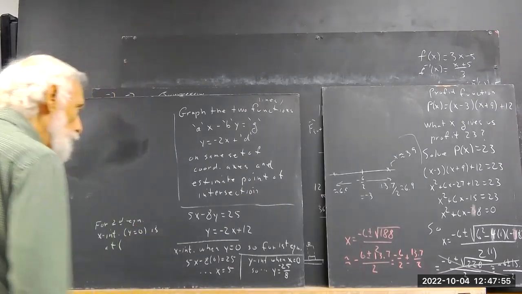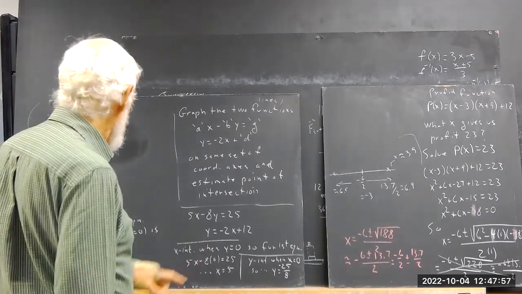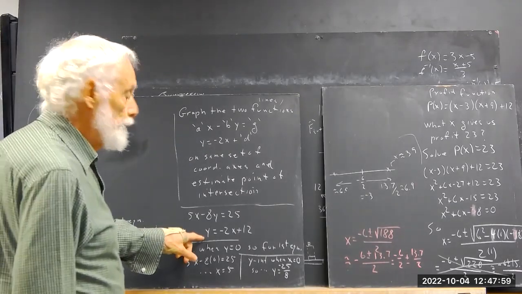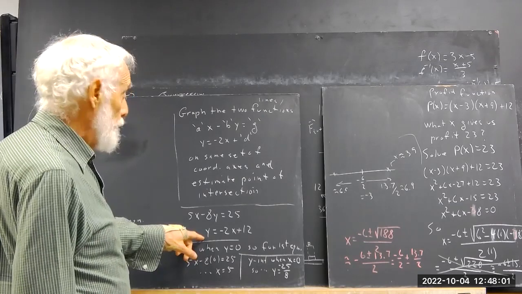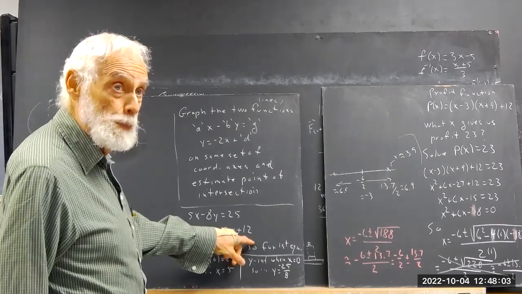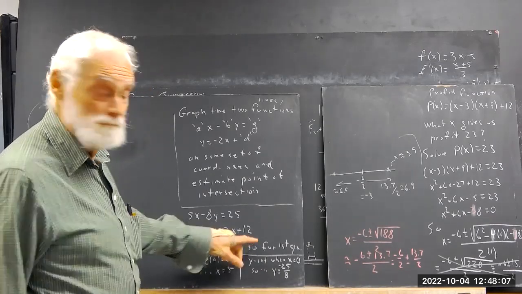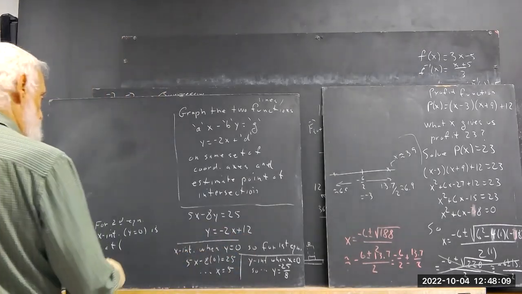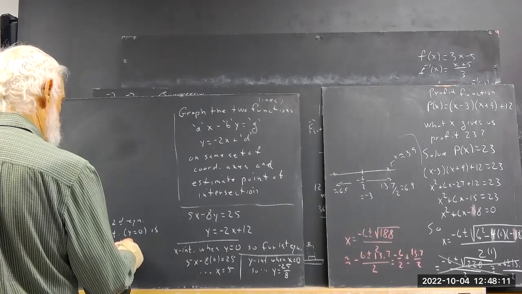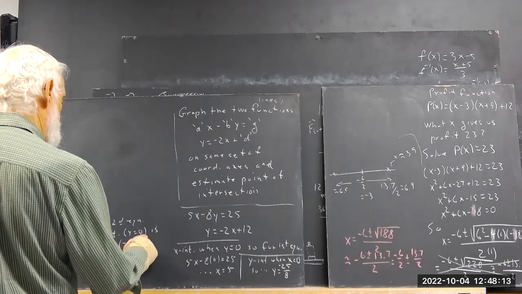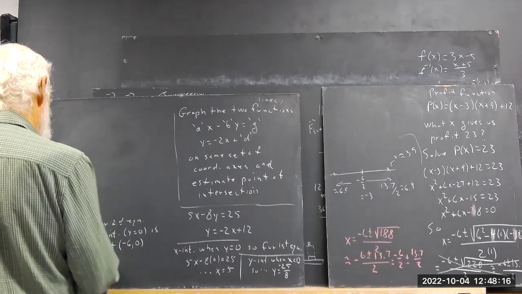I'm not going to solve it. We let y equal 0. If y equals 0, we get negative 2x plus 12 equals 0. We solve, we get x equals 6. And I'll just make a note.